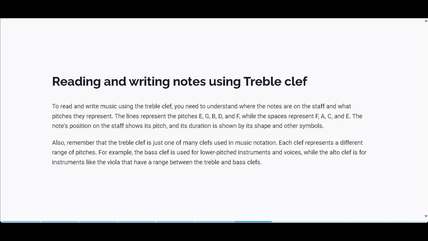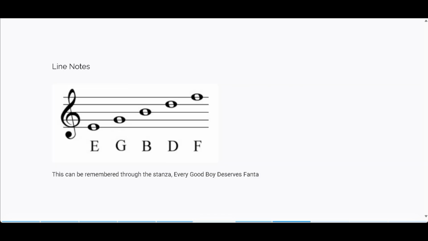Okay, so let's find some ways to remember the line notes and space notes separately. Now if we take the line notes separately, we would be having these lines only. So this would be E, G, B, D, F. We can remember it like this. This is just a phrase created by the teachers.